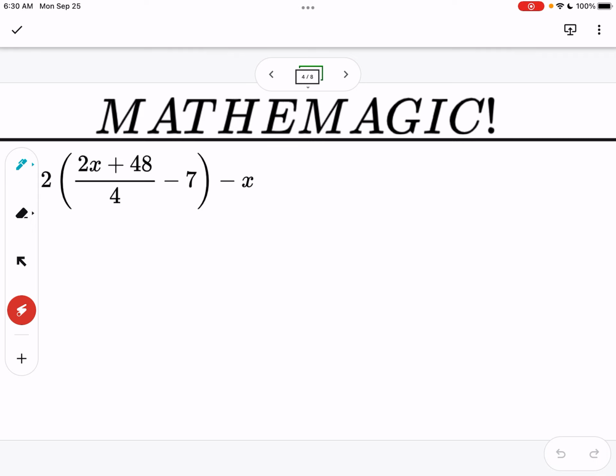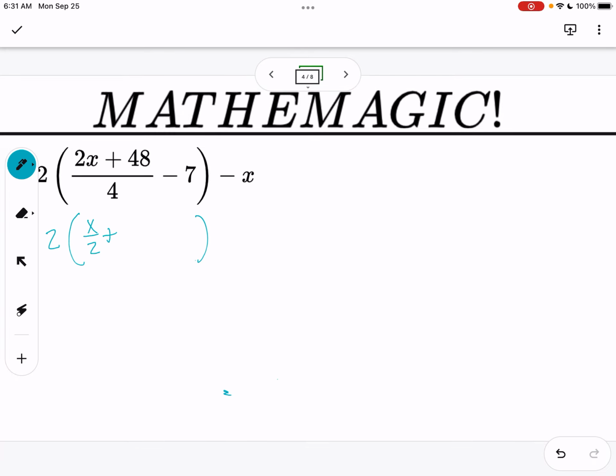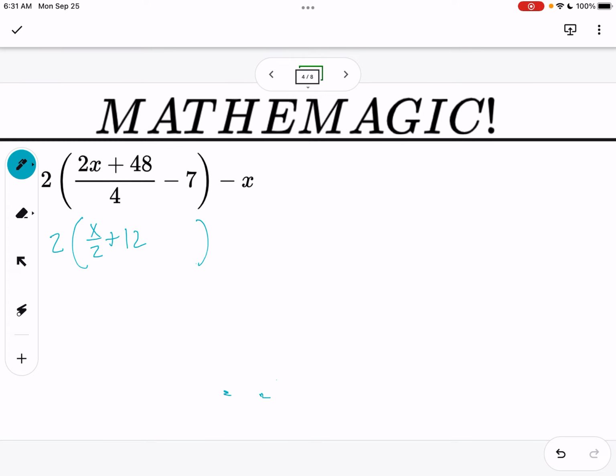Personally, I would rather make my numbers get smaller before I make them get bigger. So I will start by simplifying this fraction. So I will write that. So I have 2 times 2x divided by 4 is x over 2 plus 48 divided by 4 is 12 minus 7.